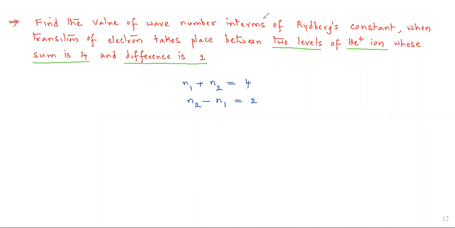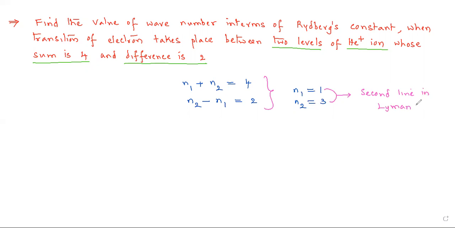From this we can say that N1 must be 1, N2 must be 3, right? Now check out. The sum is 4. Difference is, of course, 2. It's simple mathematics. Now this is nothing but the second line in a Lyman series, isn't it?